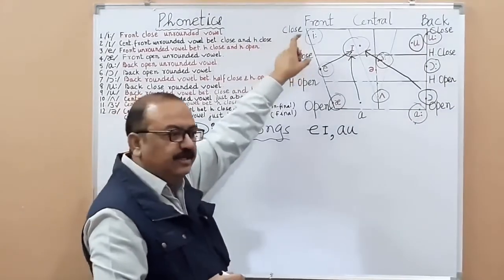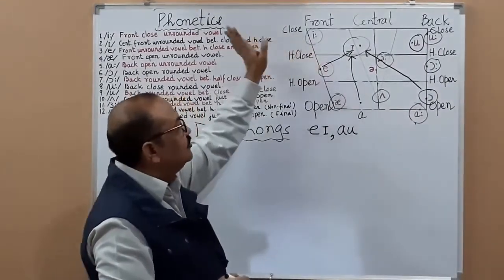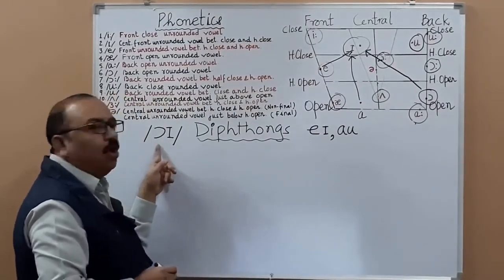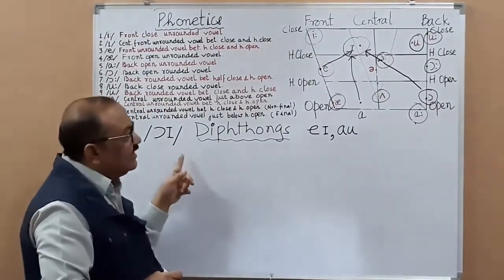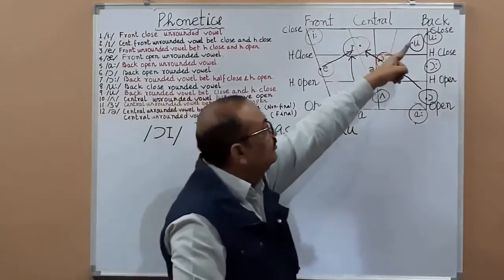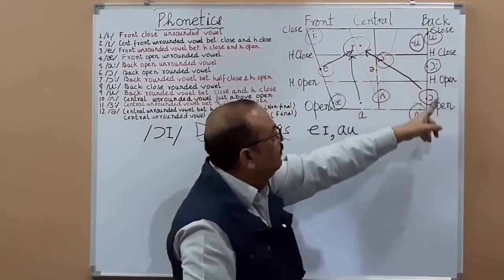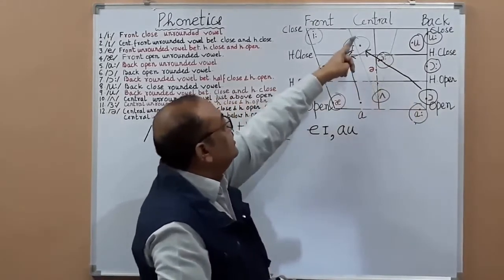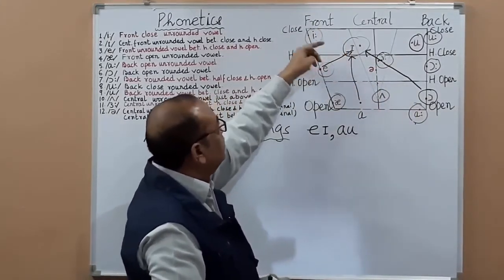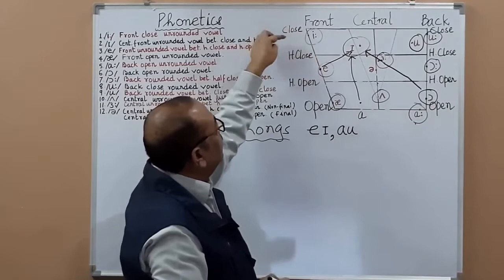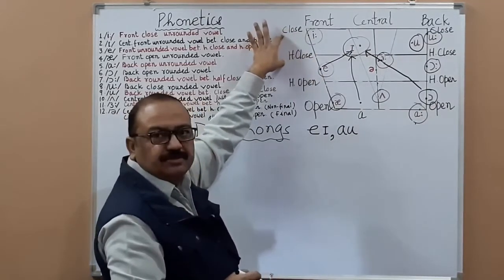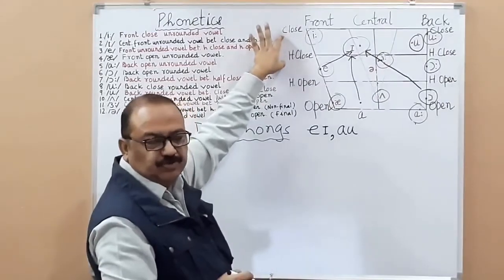Once again I repeat, OE is a glide from back open rounded vowel to the centralized front vowel between half close and close position.